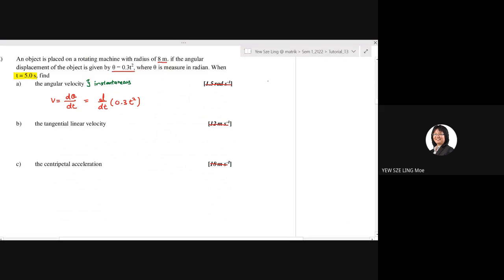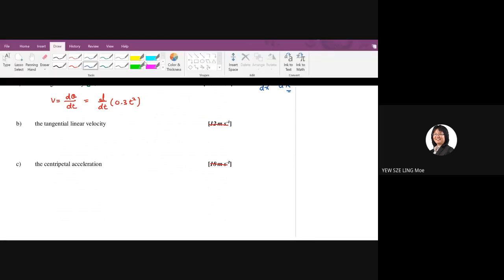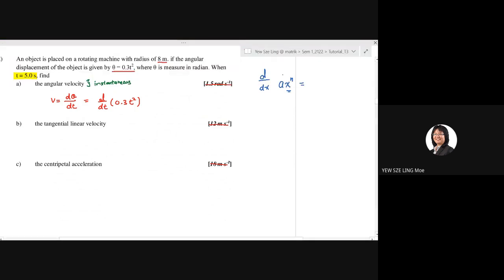So now let's say you want to differentiate d over dx of a x^n, in terms of x. What are you going to do? You move the n to the front, to multiply with a, and then this n you put minus 1.